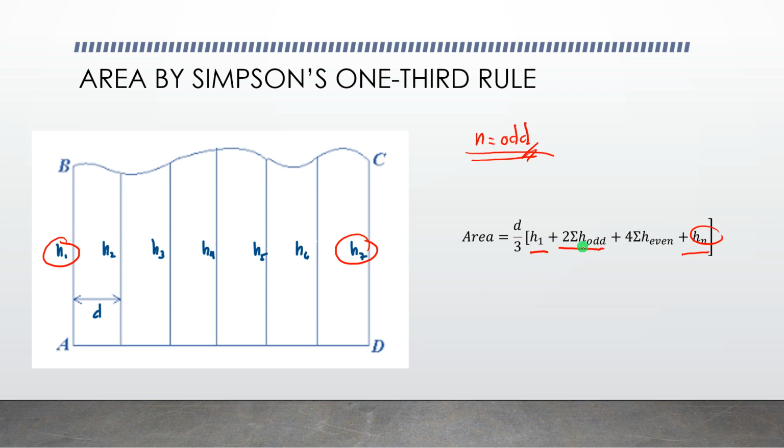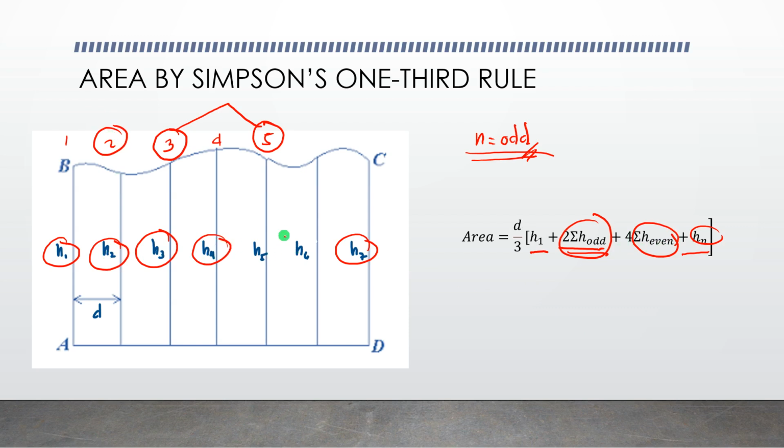The sum of h odd is the sum of all the heights at odd-numbered stations: 1, 2, 3, 4 and 5. So you multiply by 2 the sum of odd numbers. For the sum of h even, it is the sum of heights at even stations: 2, 4, and 6.